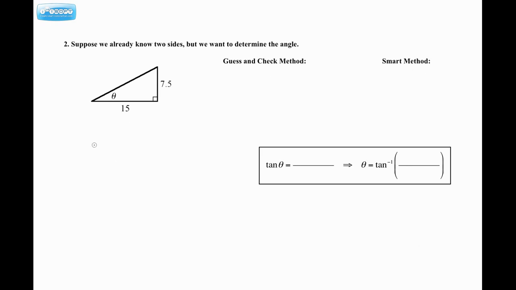Right. So let's set up what we know. We know that whatever that angle is, so we just leave it as theta for now, the tangent of it must be the ratio of 7.5 divided by 15. Okay? So this is a number I can work out, and that is actually 1/2.